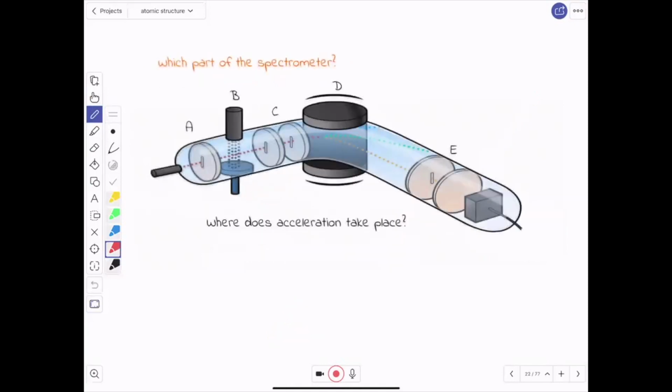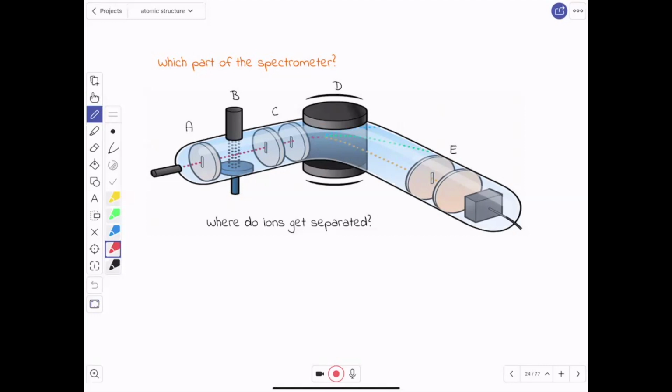And acceleration is which letter? C. That's C. And then we got, where do ions get separated? Where do we separate the ions, basically? What do you think? Which part is to separate? Is it D?